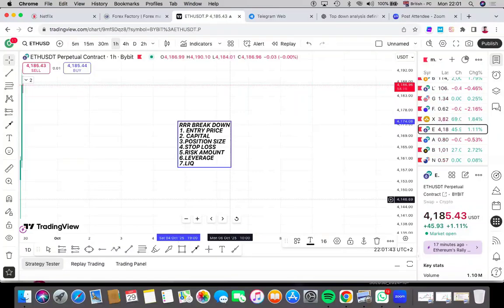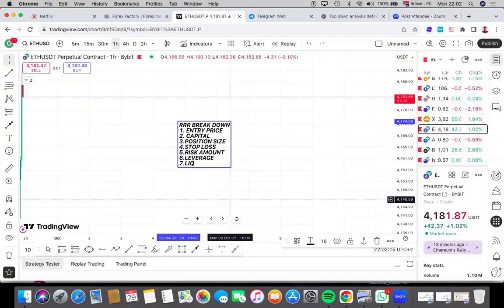So liquidation is the forcible closure of a position, because why? Once your equity runs below your threshold, it goes to liquidation. Whenever the price is going against you and your equity, which is your threshold, goes to zero, that is when the exchange or your broker closes your position, and that is a liquidation.